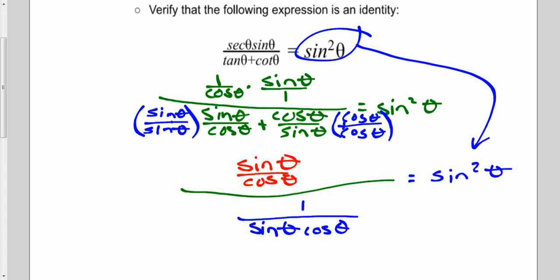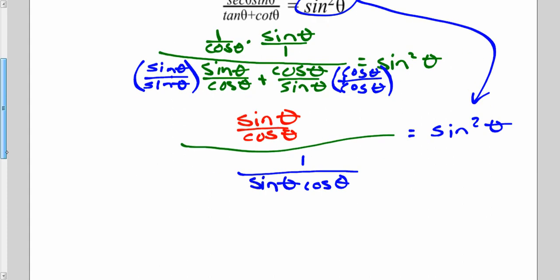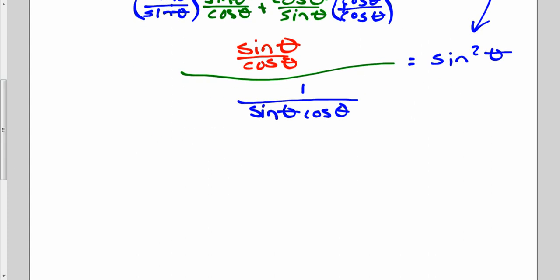Okay? Now, I've got a fraction divided by a fraction. How do I do that? Multiply by the reciprocal. So I take sine theta over cosine theta, and I multiply it by the reciprocal of 1 over sine theta cosine theta.